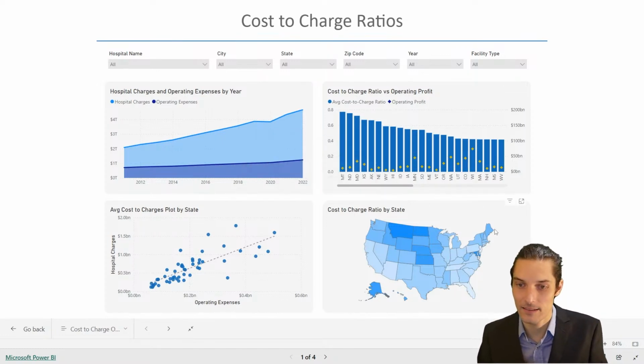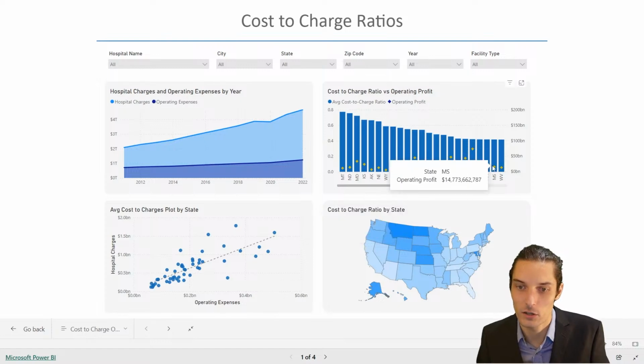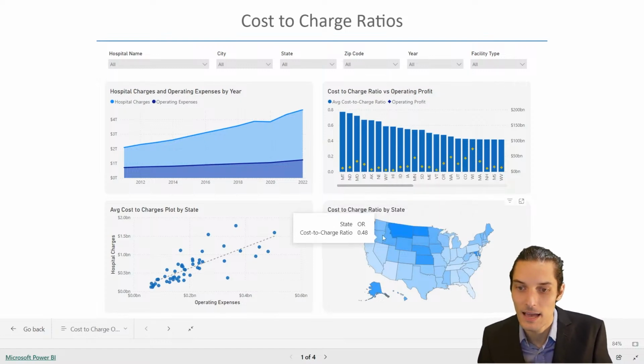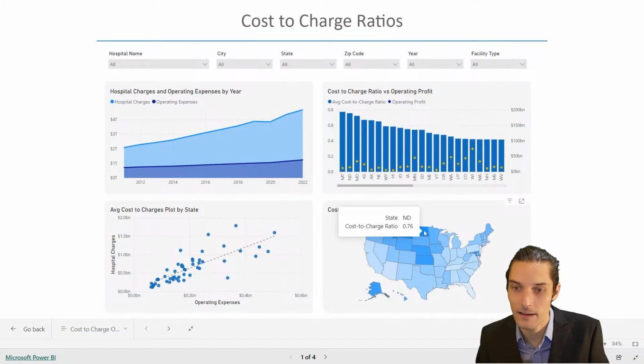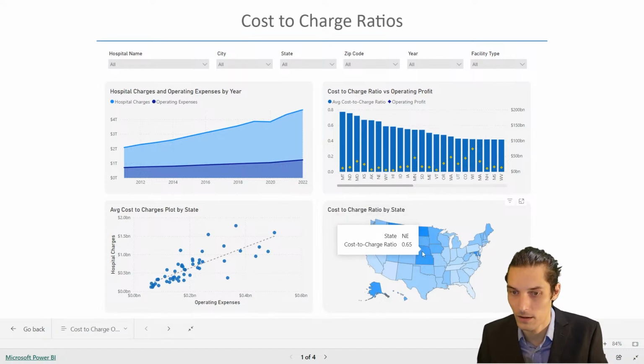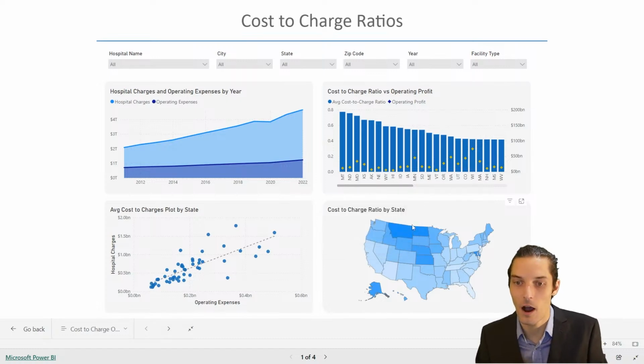You can see this in the state map below, where the states that are highlighted blue have a higher cost to charge ratio, which means that these states like Montana, North Dakota, South Dakota, Nebraska, they essentially are set up in a way where what you see is what you get.